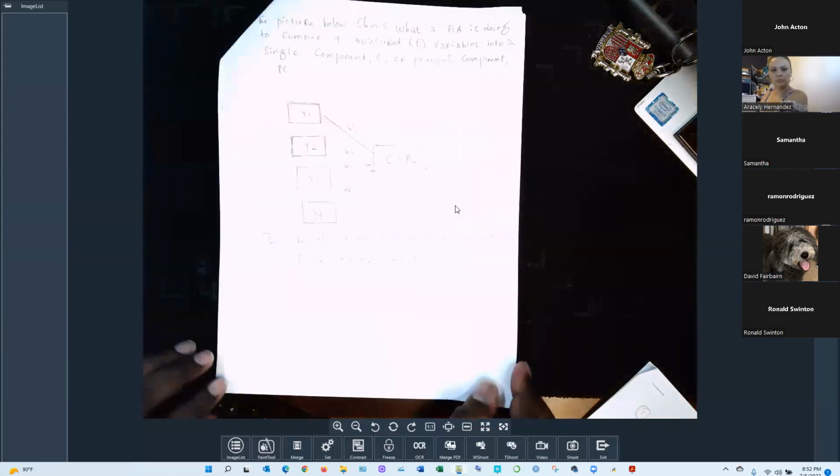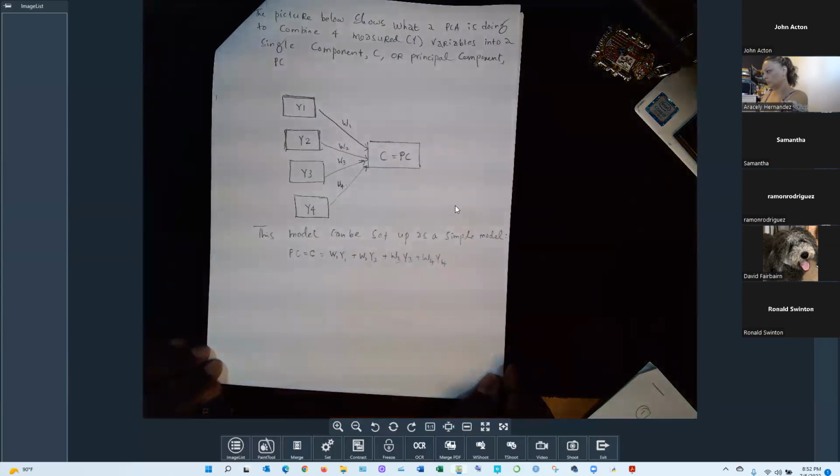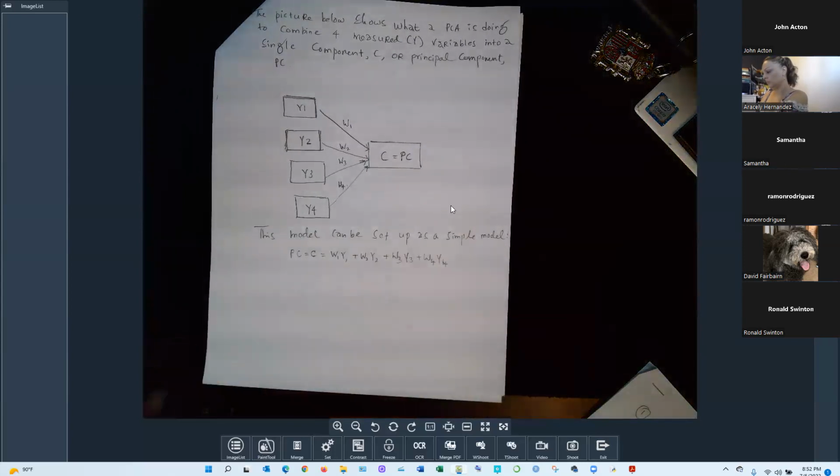So look here. This is what we're going to do. See, the picture below shows what PCA is doing to combine four measured Y variables. PCA is the abbreviation for principal component analysis. The original variables, they say X1, X2, X3, X4. Instead of that, I use Y1, Y2, Y3, Y4.